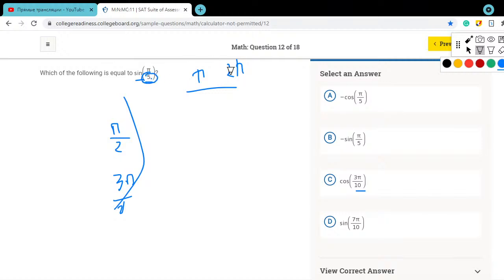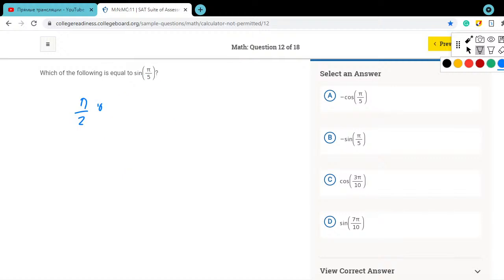We would write 5pi minus pi over 5 or plus, but the denominator would be 5. So 3pi over 2. And when we use these points to equalize functions, we change the name, so it's cosine. I know the answer is this, but I have to prove it. Let's check it.